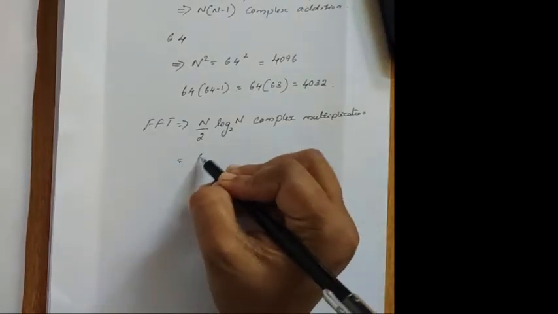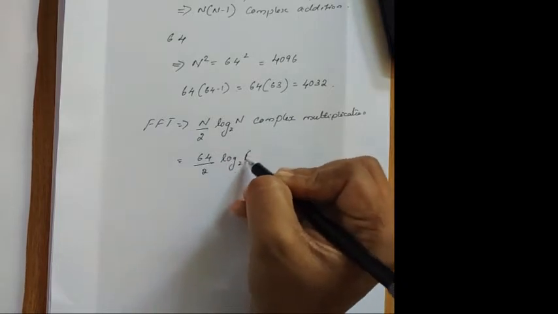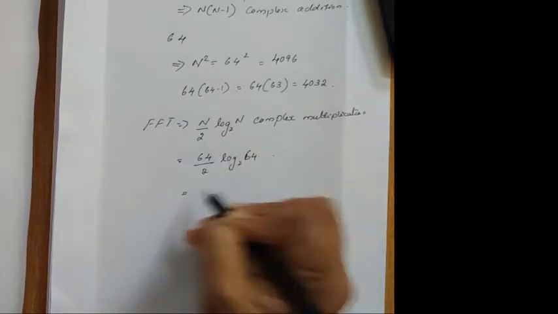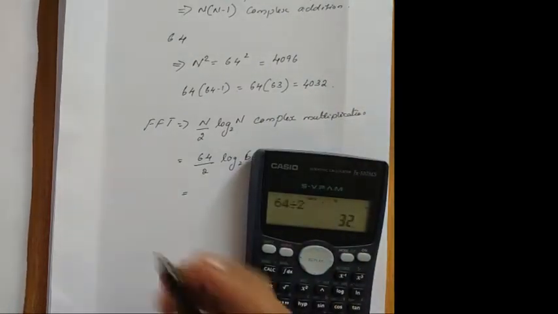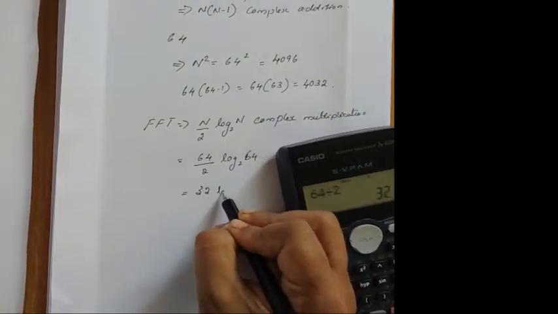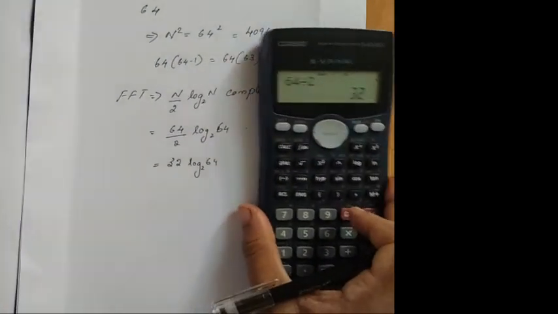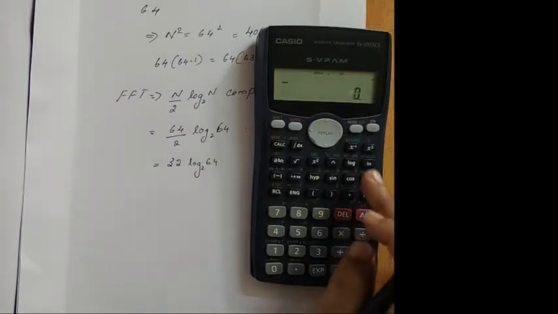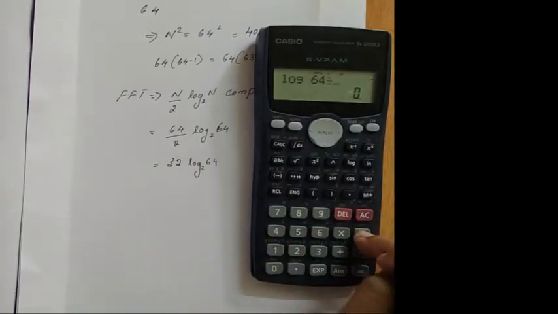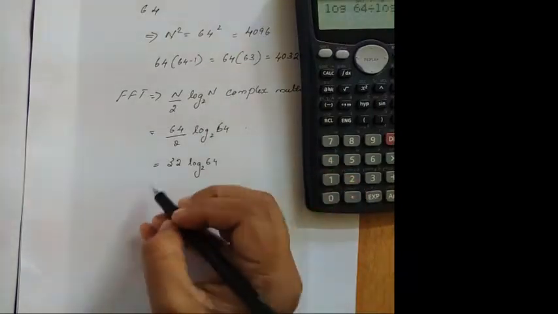So for 64, that is 64 by 2 into log 2 of 64. If you don't know it directly, you can give log 64 divided by log 2, that is 6.